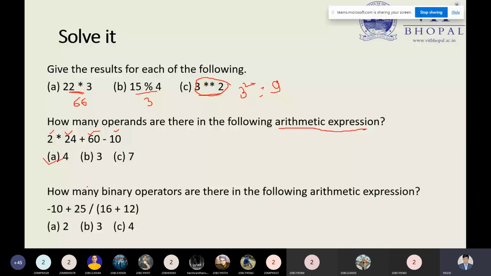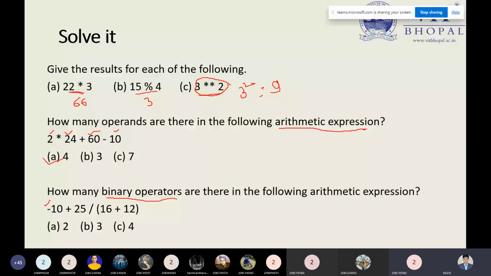The second question I am changing for you: how many binary operators? Please keep in mind, we need to see those operators that belong to binary operations. You can see subtraction, this minus, is also one. Sir, 2.